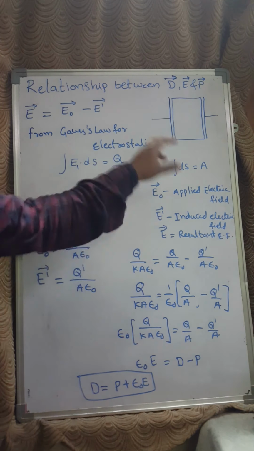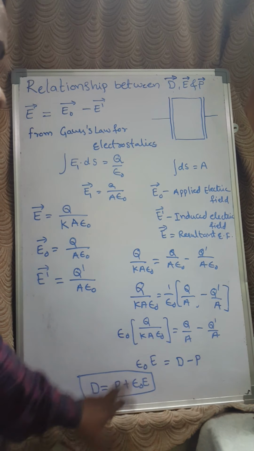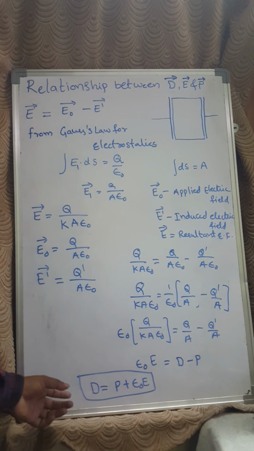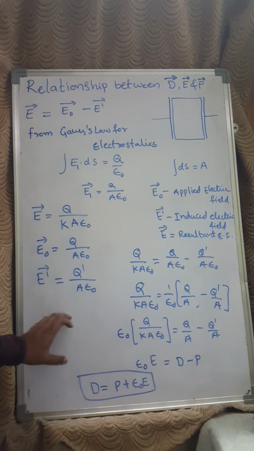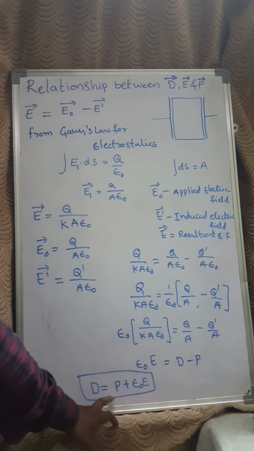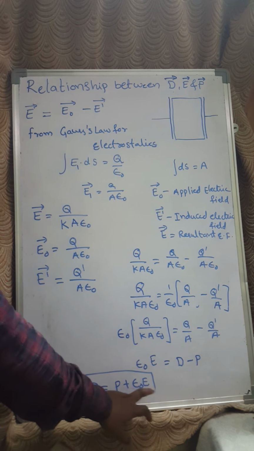Capital E depends upon all types, either free charge carriers or induced charge carriers. The resultant electric field is reduced inside the dielectric, where there are fewer lines of force. In isotropic media, the polarization vector P and electric field vector E are in the same direction.